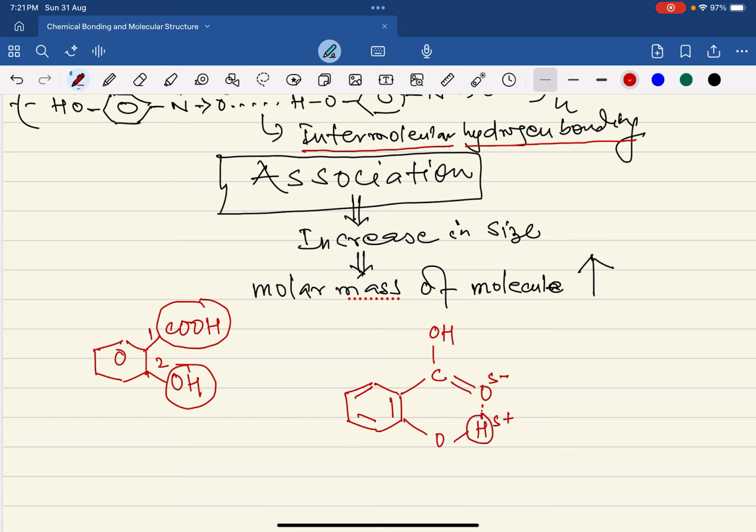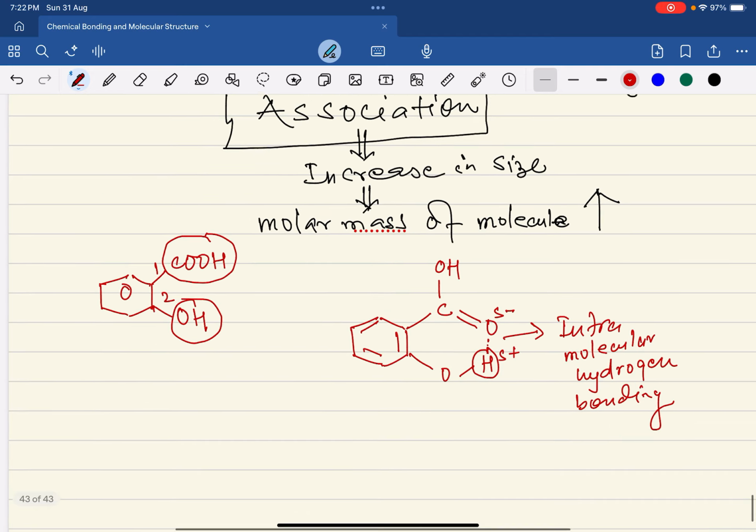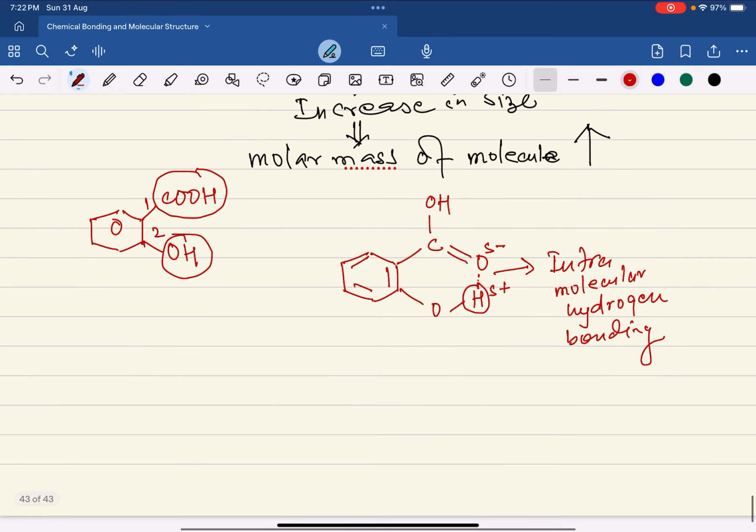So, in intramolecular hydrogen bonding, hydrogen is attached with two electronegative elements, and this bond is known as intramolecular hydrogen bonding. This molecule is also able to form intermolecular hydrogen bonding. So, this is the example of intermolecular and intramolecular.